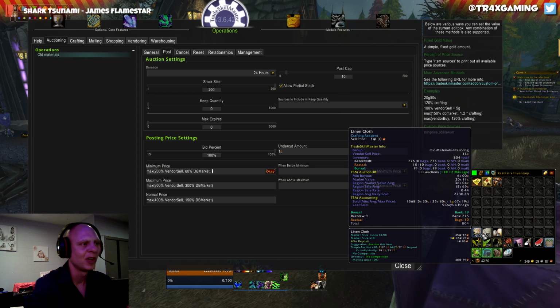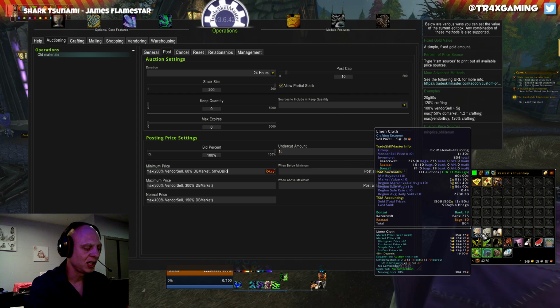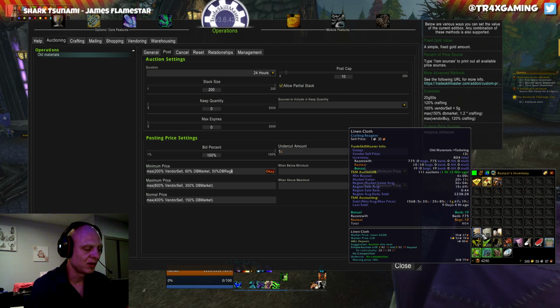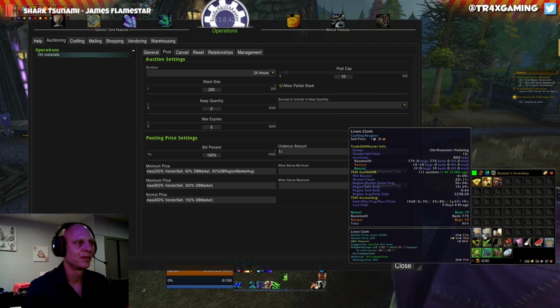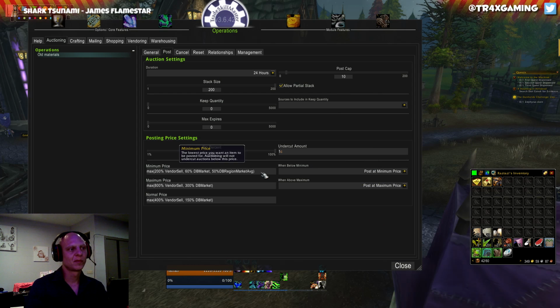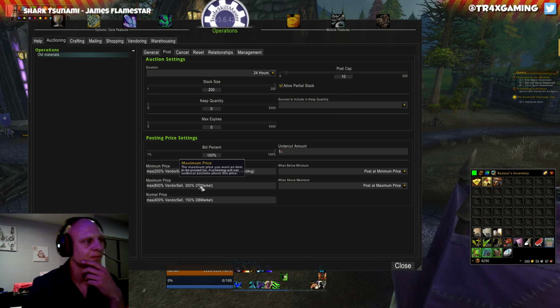You could even add, it's more for rare items. If this item doesn't get listed a lot, you could say, okay, 60% DB market, and for the minimum price, we are going to use 50% of DB region market average. That's a valid price. Doesn't give me an error.